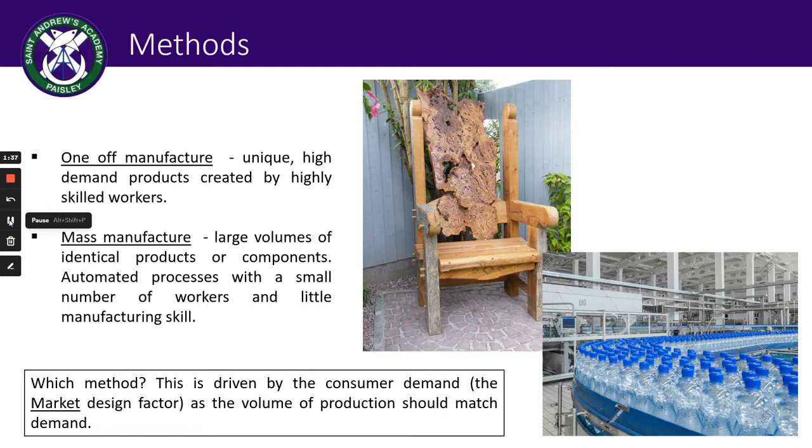So there's money available for the manufacturer to invest in all these automated systems and production lines, because there's profits to be made from selling all the products that they will produce. With one-off manufacturing, this is typically where there's a much smaller consumer demand, more of a niche market, if you remember that term. And these people are willing to pay a higher price for a unique product.